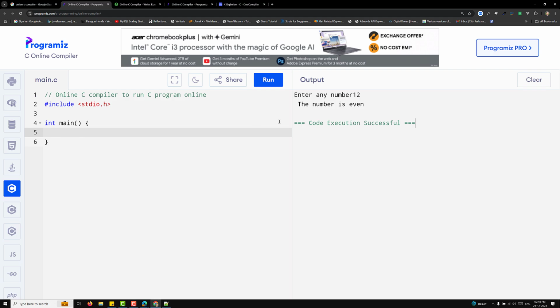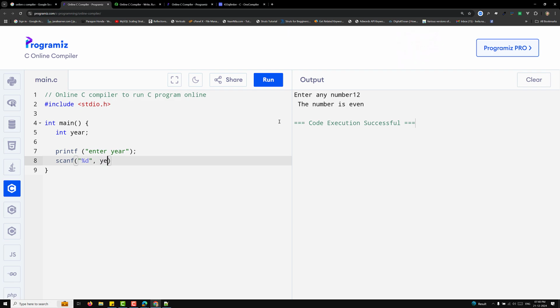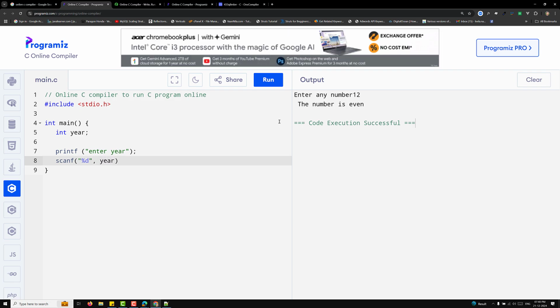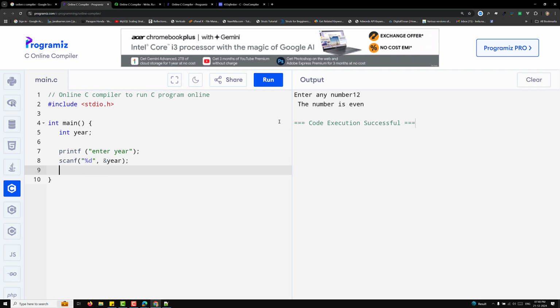Let's say that we are having an int year. Here I will write printf enter year, and here I can ask scanf %d, so it is an integer, and here I can write &year, so that the value will be saved at the memory location.